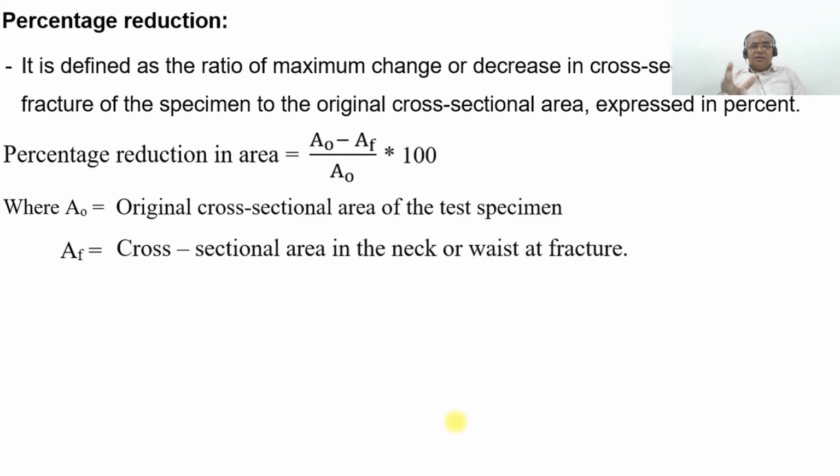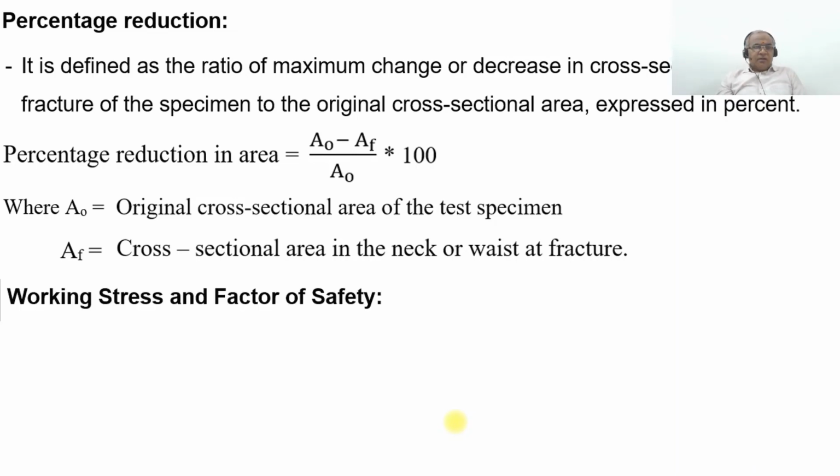The final cross-sectional area will always have the reduced diameter, whereas the original cross-sectional area has the larger diameter. So the change is divided by the original, larger cross-sectional area, and multiplied by 100. That gives you the percentage reduction in area.